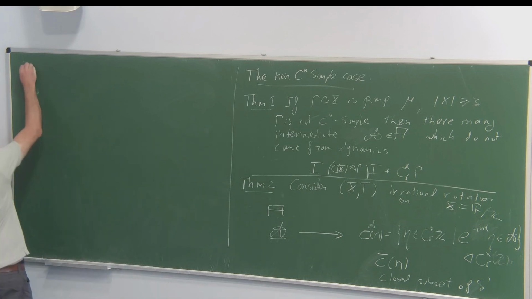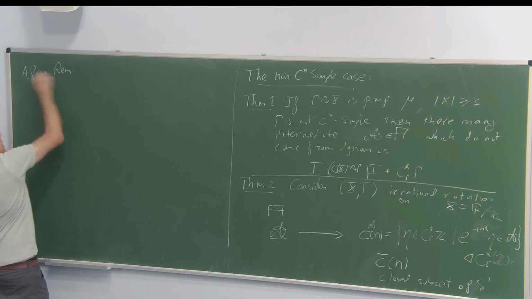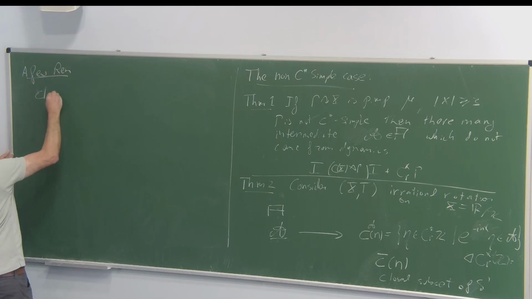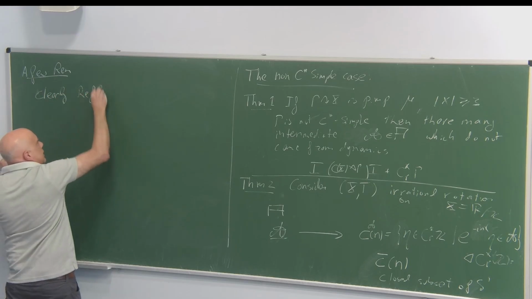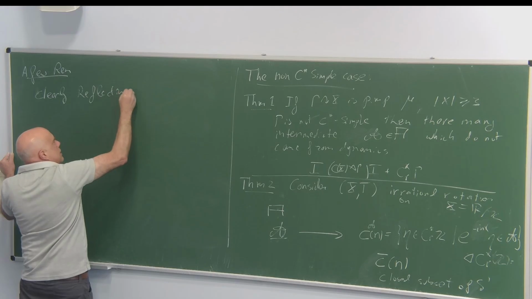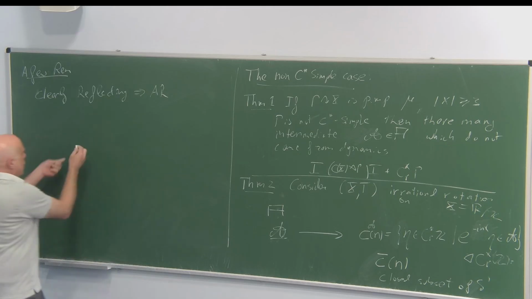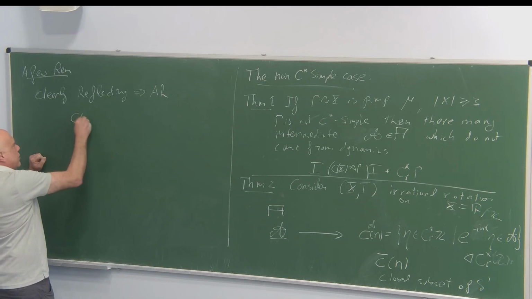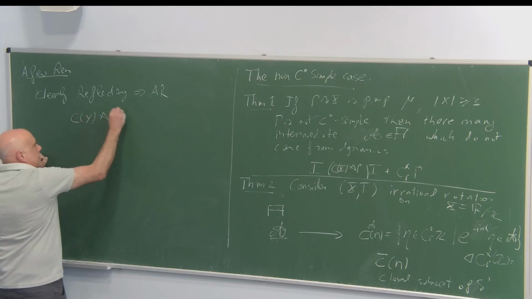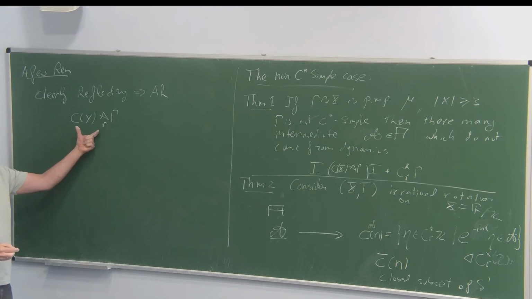So a few remarks. One, clearly reflecting implies almost reflecting, because if an intermediate algebra is of the form C of Y cross product with gamma, and you hit this with the conditional expectation, you just get C of Y, okay?